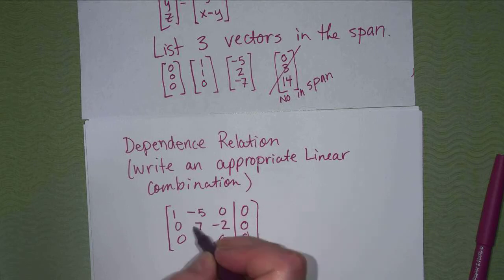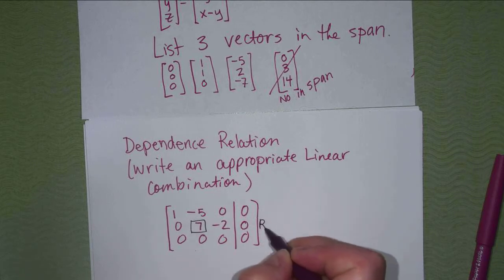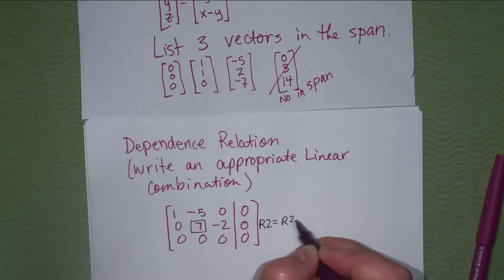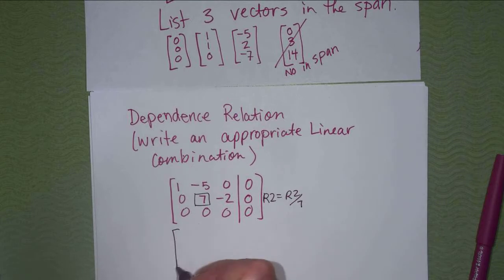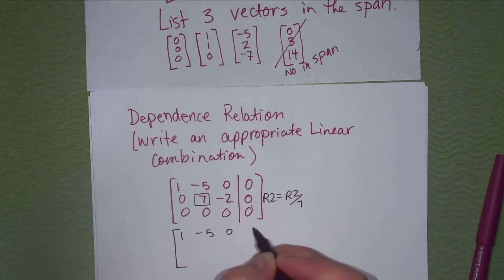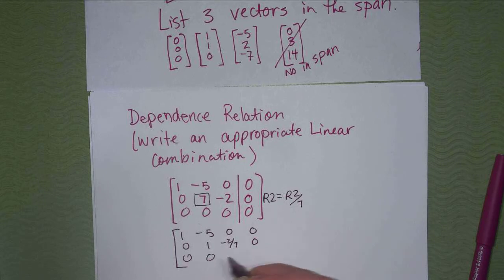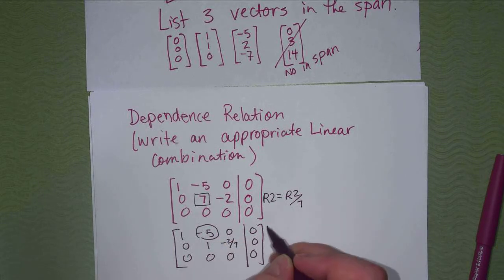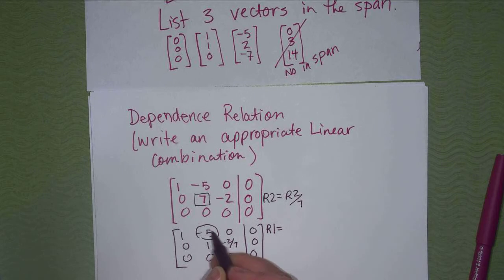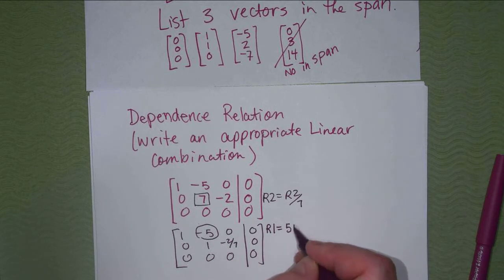So this, of course, needs to be a 1 if we're going to solve. And then the -5. So that's a -5. Row 2 would need to be a +5.